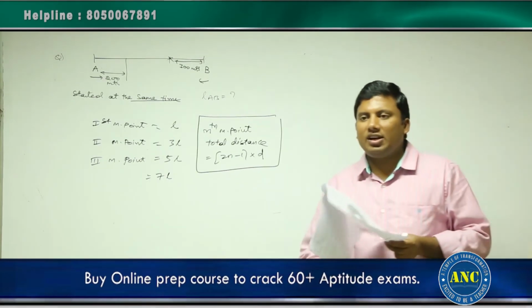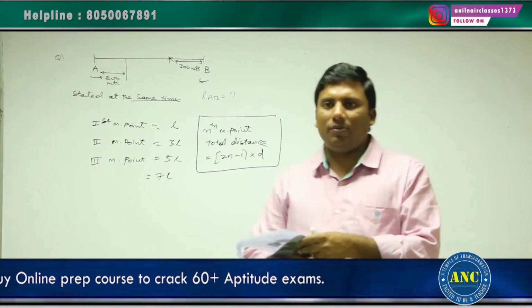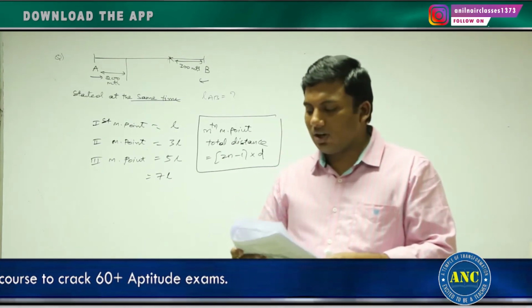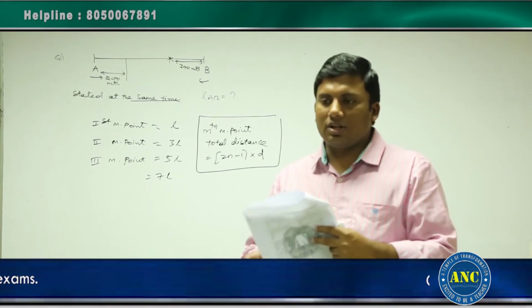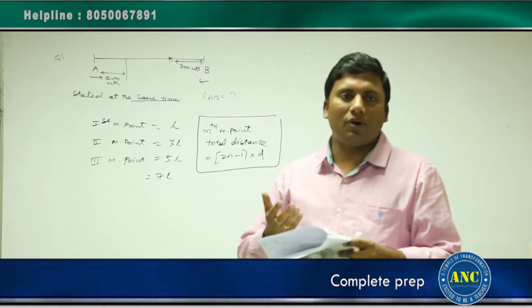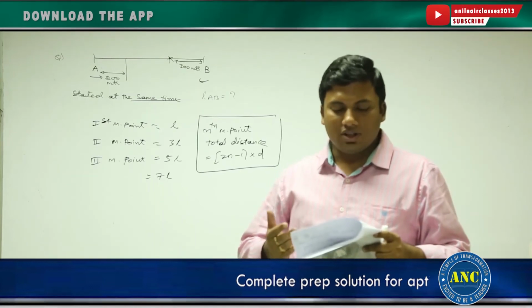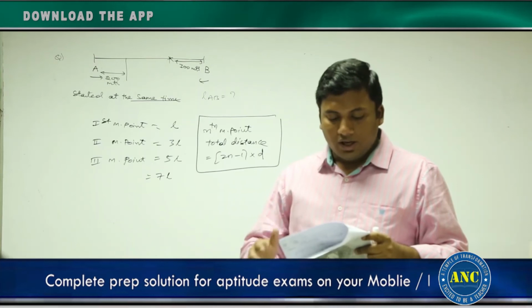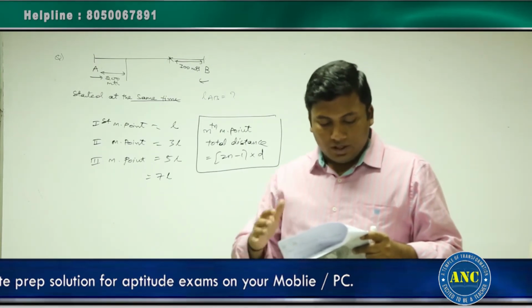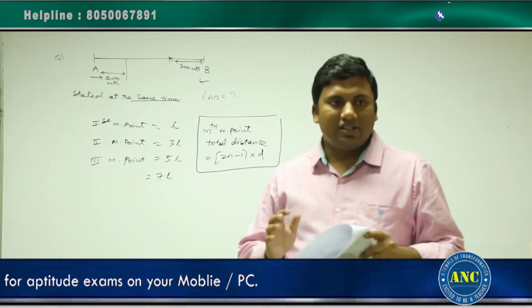Yesterday we solved the 16th question. You remember this? 20th, it's a question present in our arithmetic book. I am not solving. It's a very easy question. According to me, the easy questions are 20, 21, 22, 23, 24, 25, 26. Am I right?